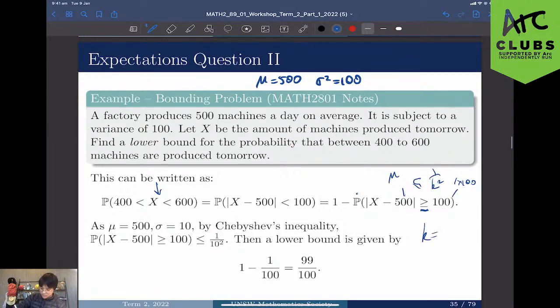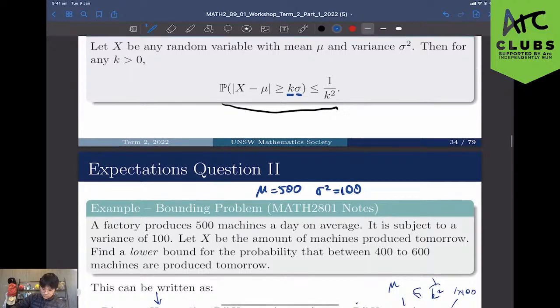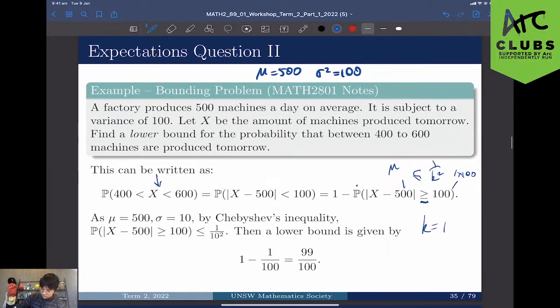So since K is equal to 10, by Chebyshev's inequality, this probability is going to be less than or equal to 1 on 10 squared, since K equals 10. And if we return back to the value that we want, we know it's 1 minus the value of 1 on 10 squared. So the lower bound is 99 over 100.